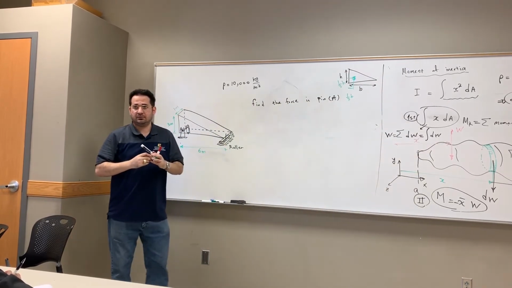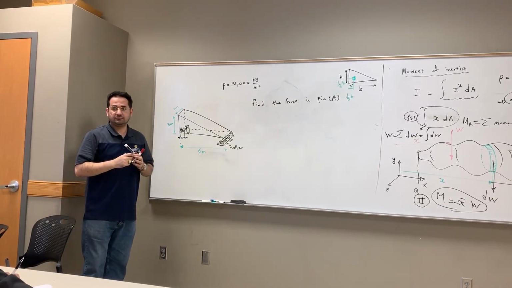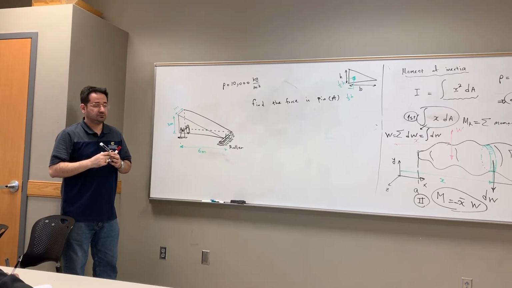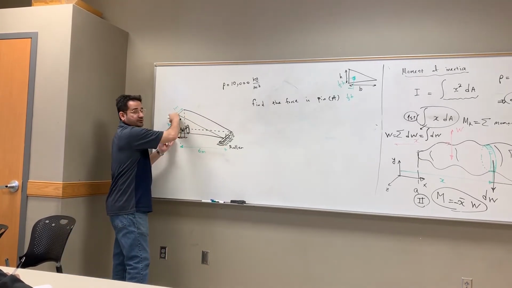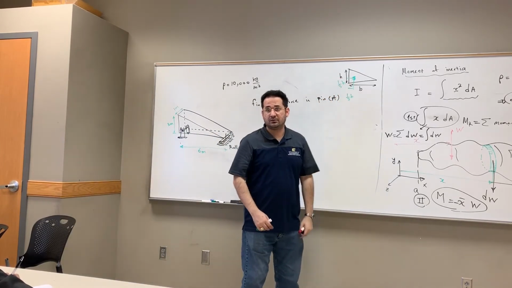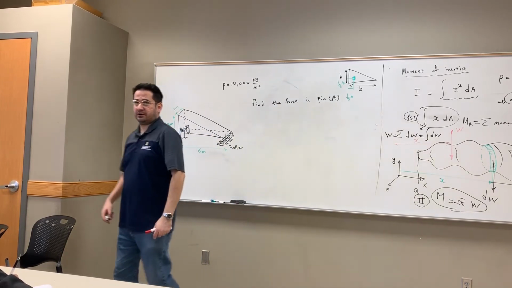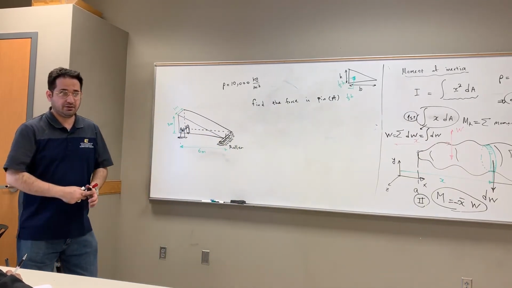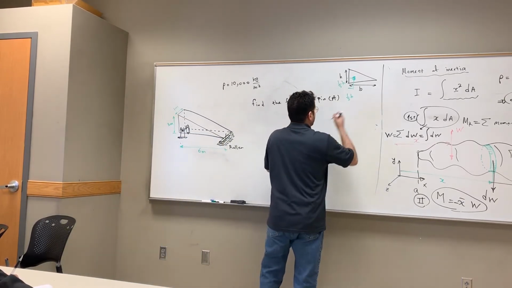Where is A in terms of the base and height? Let's assume that this is the very corner, right here.